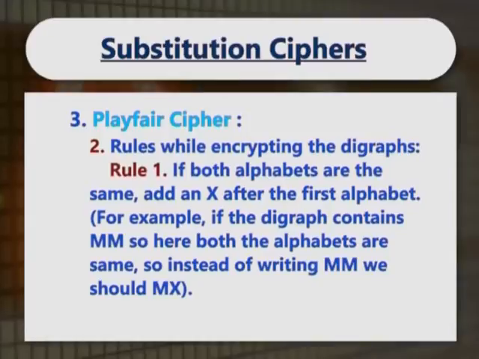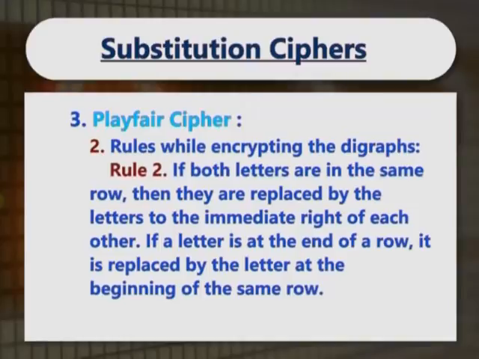Next, we have to keep in mind some rules while encrypting the digraphs. In the first rule, if both alphabets are the same, add an X after the first alphabet. For example, if the digraph contains MM, here the alphabets are the same, so instead of writing MM, we should write MX. Now, the next rule is if both letters are in the same row, then they are replaced by the letters to the immediate right of each other.